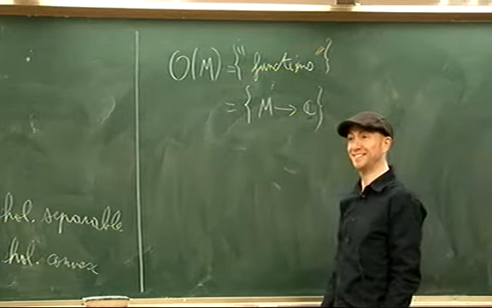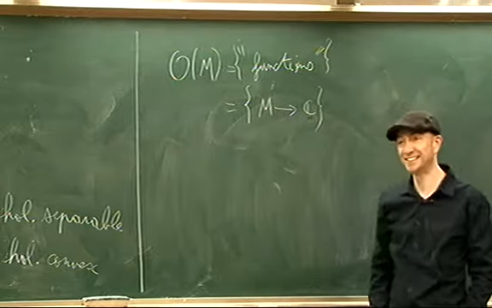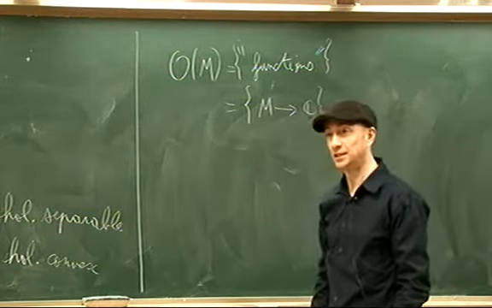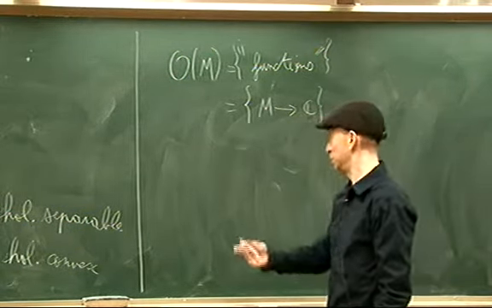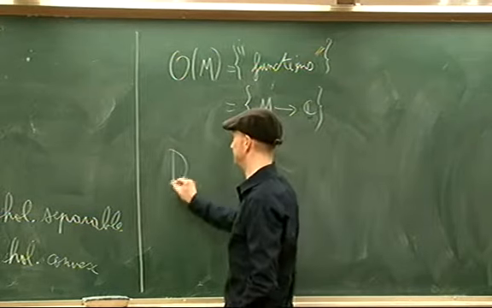Holomorphic functions, yes. Can I ask you some questions? Sure. What does it mean to say something is holomorphically separable? It's a good question, and I'm going to answer now.